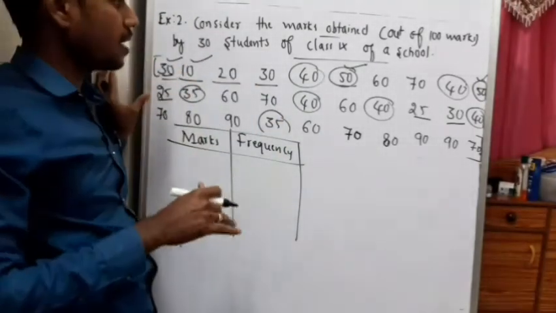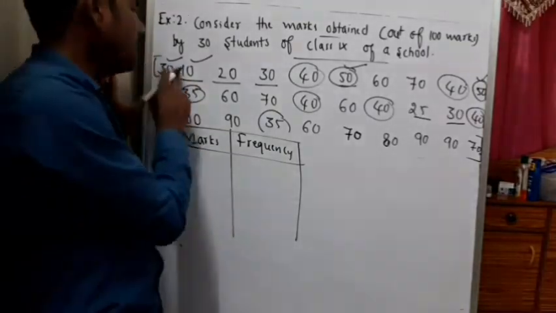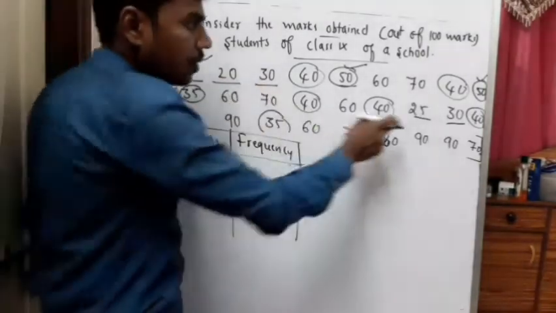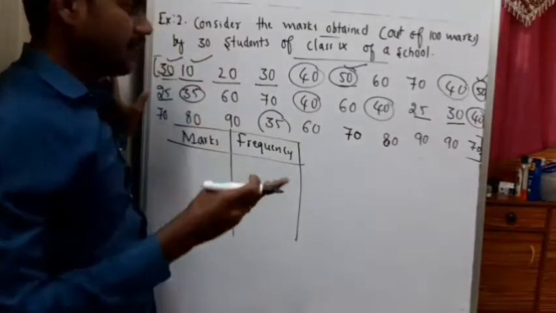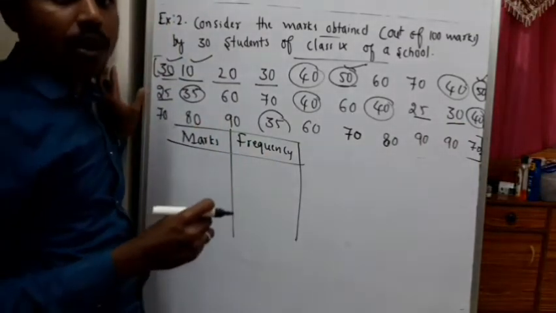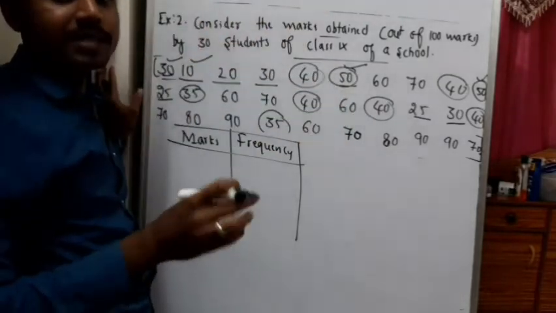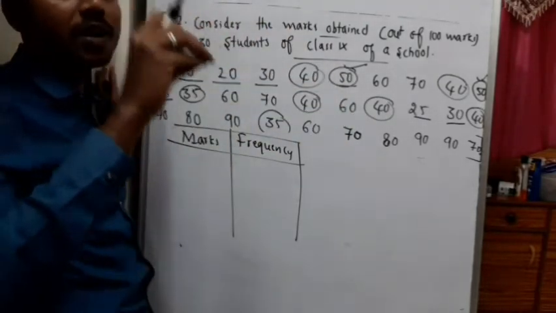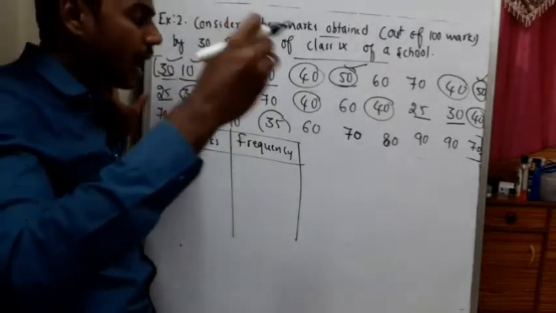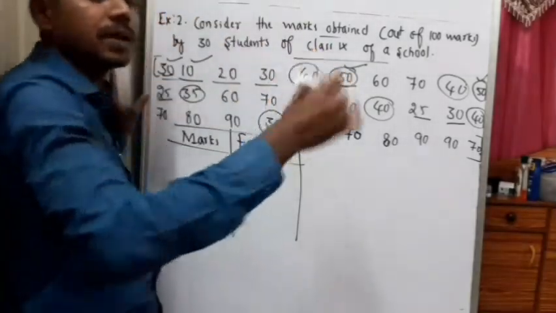How many times has it occurred? What is the frequency of 30? 1, 2, 3. 3 is the frequency of 30. So how many times data has occurred is nothing but the frequency of that particular data or observation.